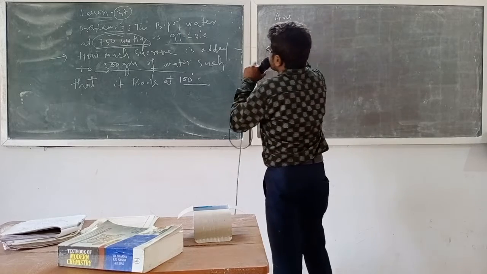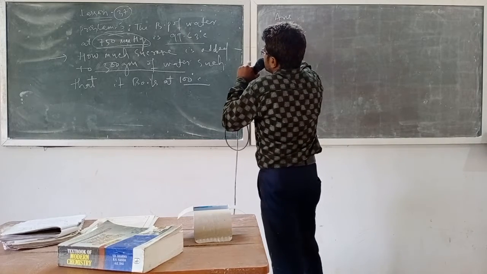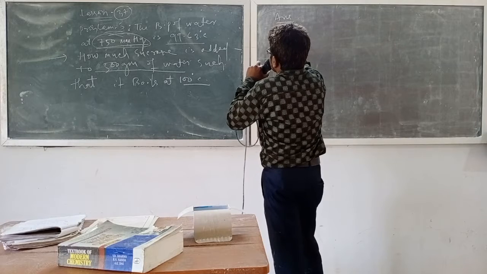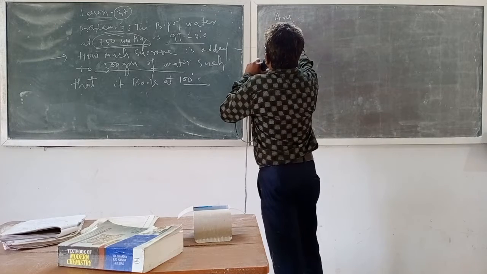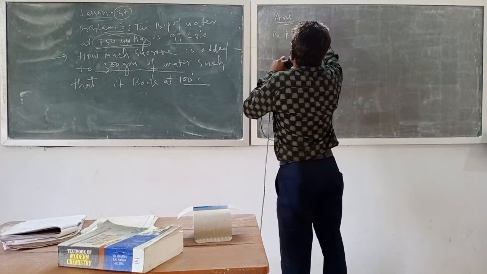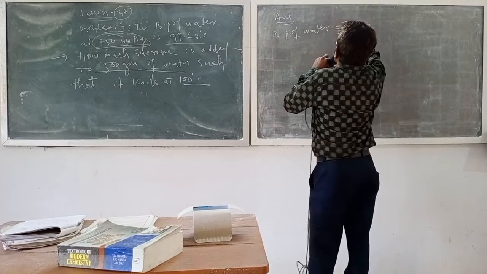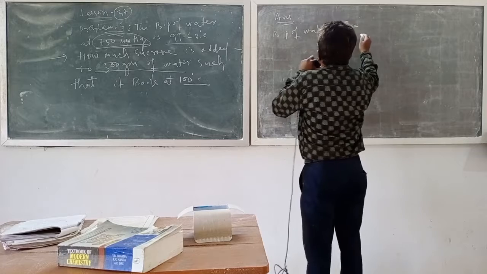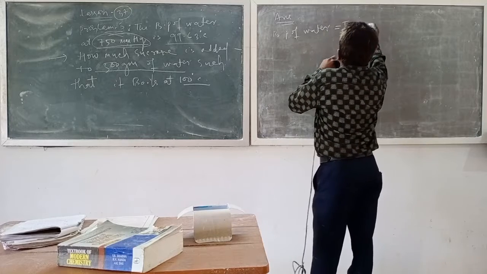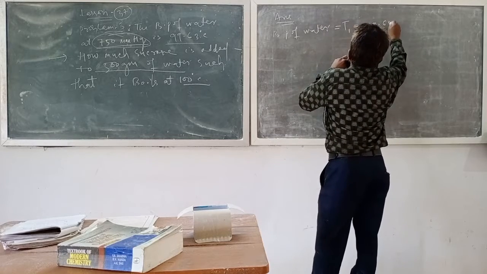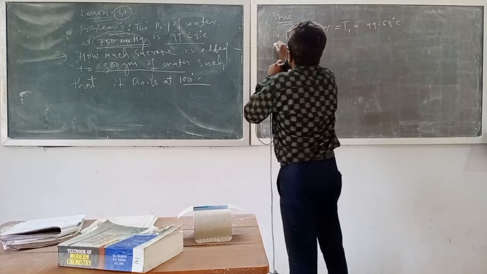So we know that the formula. First we write the boiling point of water, T1 equal to 99.63 degrees Celsius.